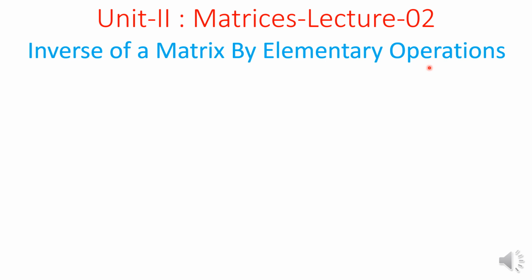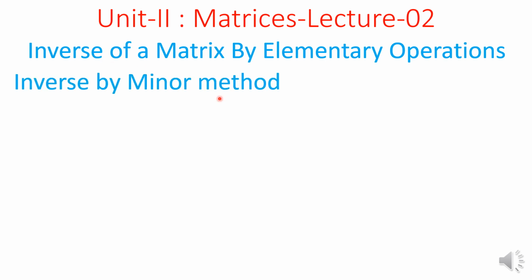Now here also we have to find the inverse of a matrix, not by the minor method, but rather we are going to employ elementary operation methods. By using elementary operations we are going to find the inverse of a matrix.